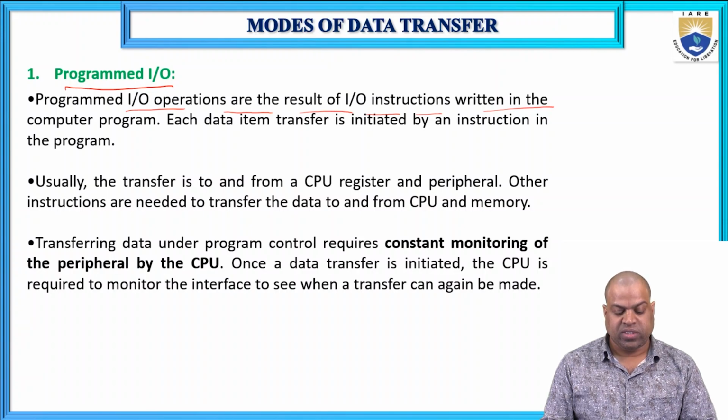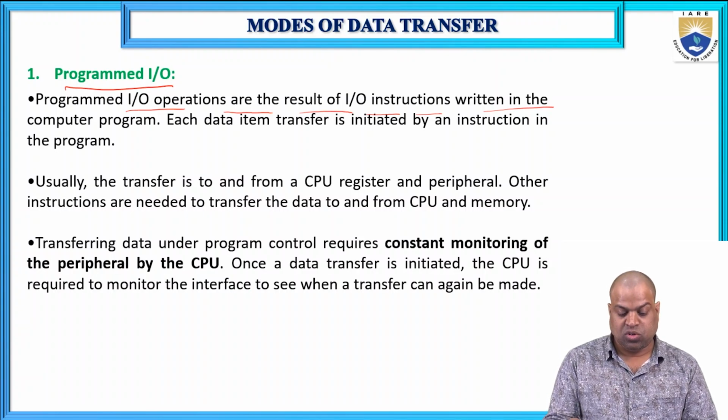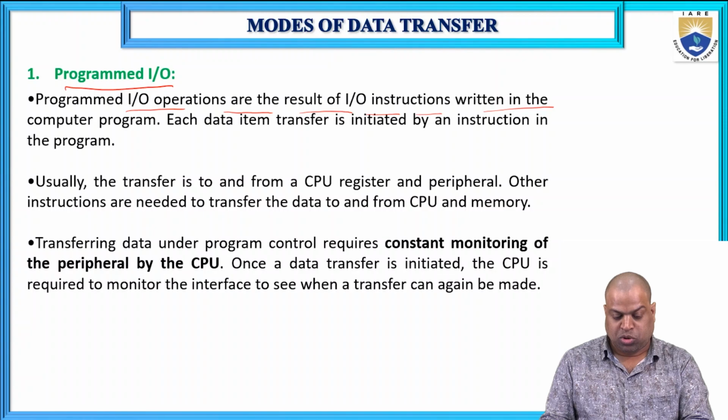Transferring data under the program control requires constant monitoring of the peripheral by the CPU. Once a data transfer is initiated, the CPU is required to monitor the interface to see when the transfer can again be made.